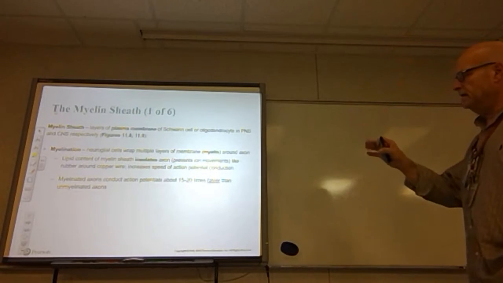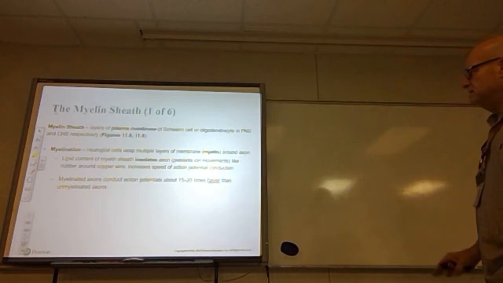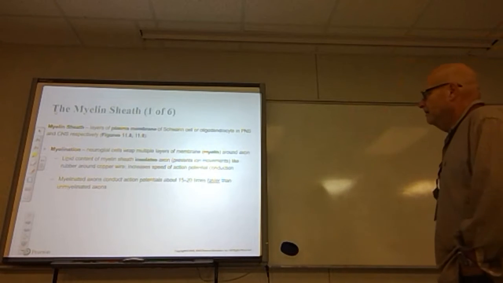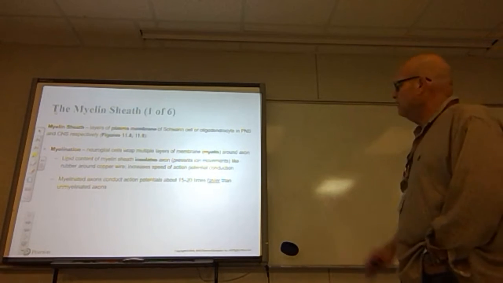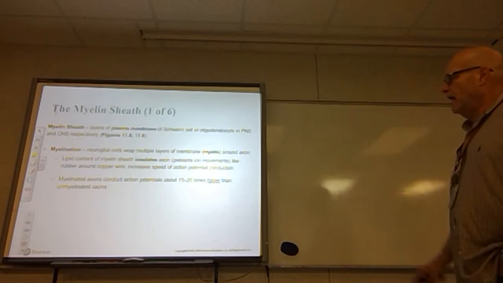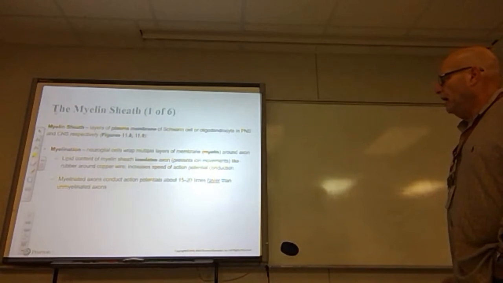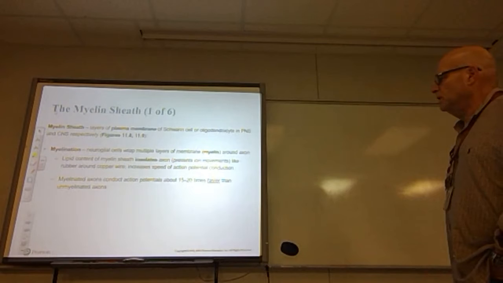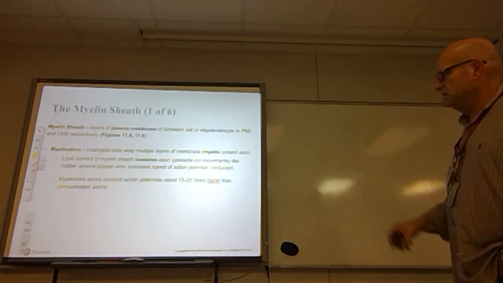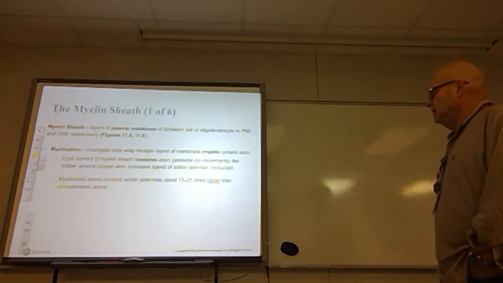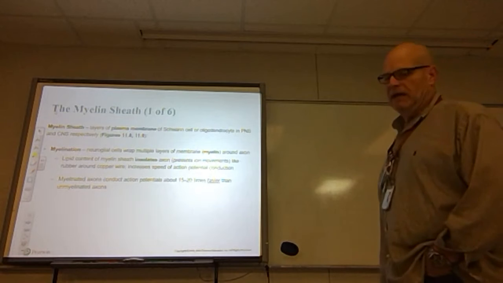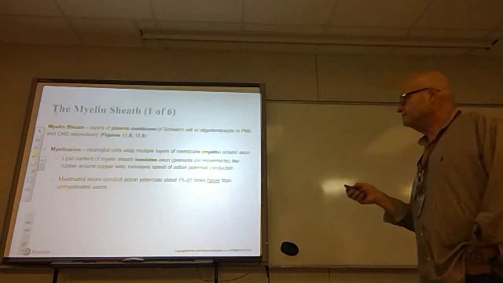The lipid content of the myelin sheath insulates the axon and prevents ions from moving in and out, like rubber around a copper wire, increasing the speed of action potential propagation. Myelinated axons conduct potentials about 15 to 20 times faster than unmyelinated axons.